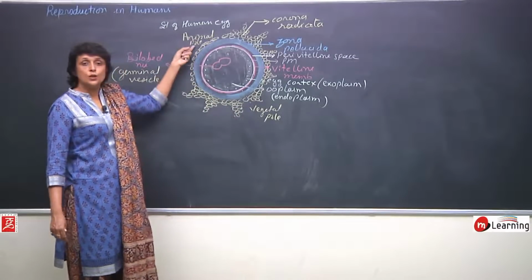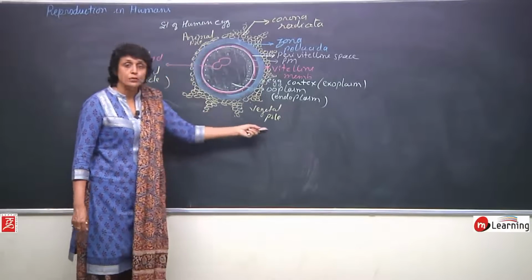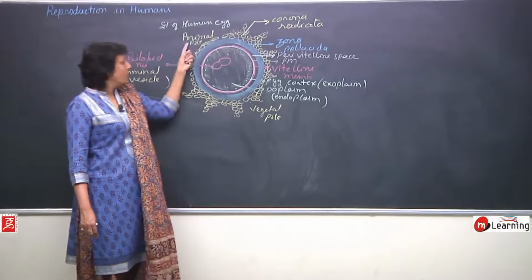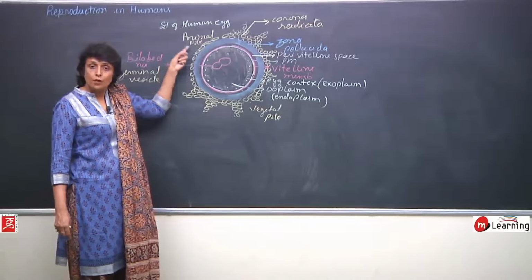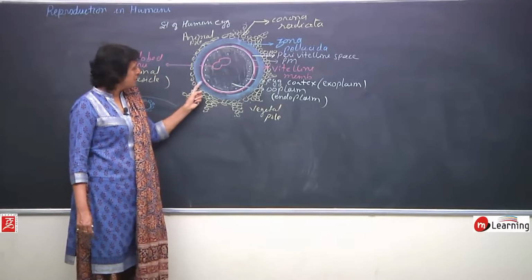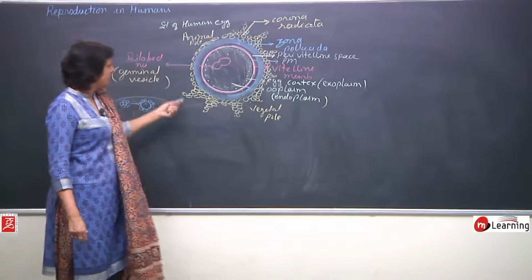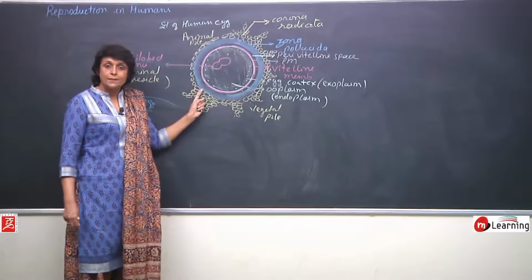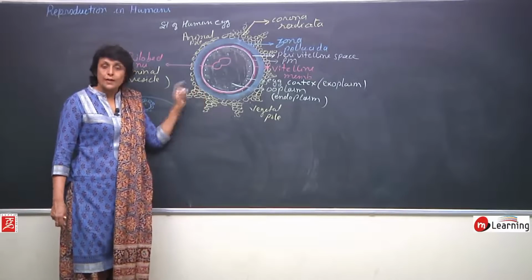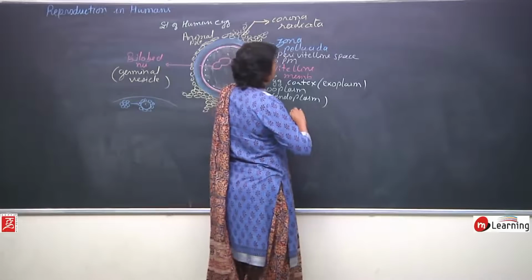The side towards the nucleus is known as animal pole and the opposite side is vegetal pole. Sperm enters from the animal pole. Outside the plasma membrane there is a vitelline membrane which is secreted during the growth phase. Outside vitelline membrane there is one more layer which is called zona pellucida. It is non-cellular.